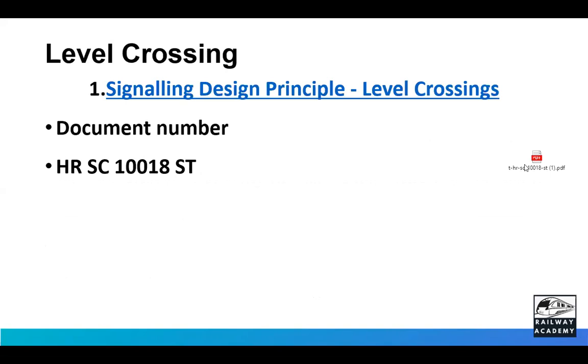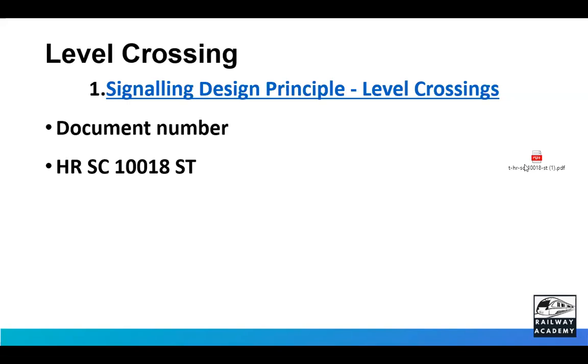Coming to level crossings, again, this is something like, for people who know UK signaling, something analogous to us, but quite entirely different from Indian Railways. Here you can have only a pedestrian crossing, meaning for people only walking, or a pedestrian crossing with a road vehicle crossing.